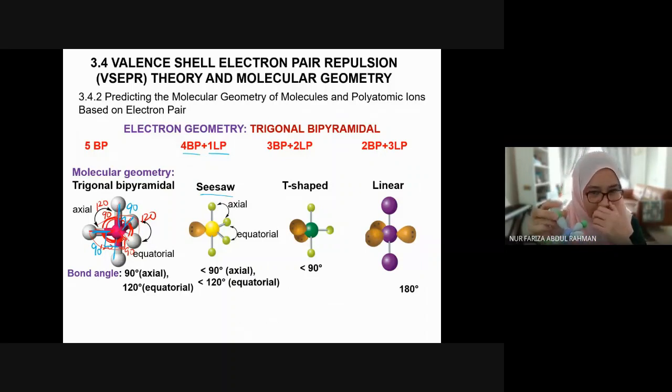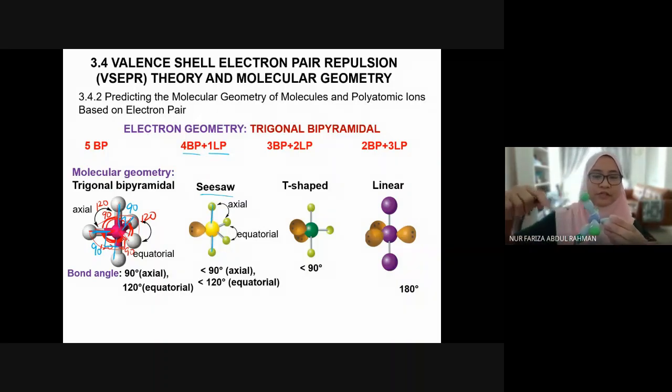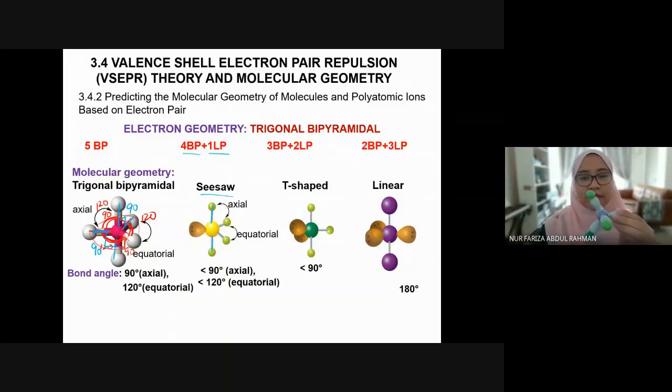Alright. Okay. Angle, guys. Angle. So since we have a lone pair now, we follow the drawing, the picture, guys. So straight, this is the axial part. And then we have the equatorial part. Alright.